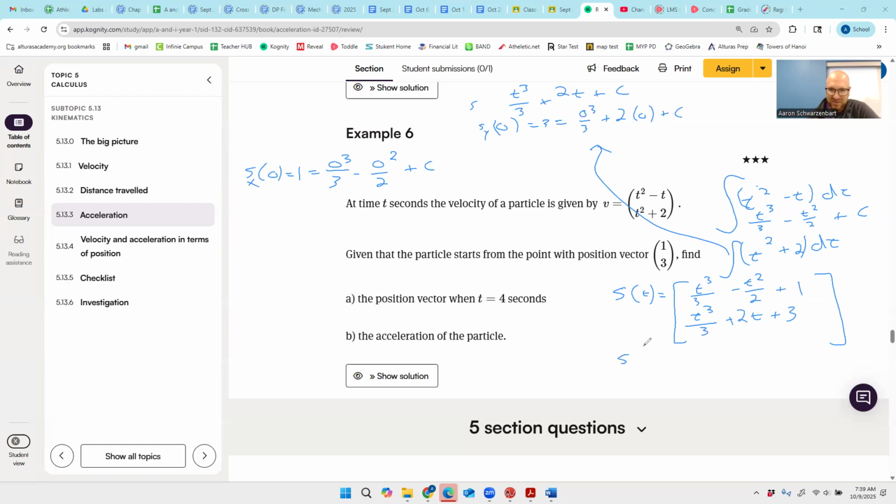If I want s of 4, 4 cubed is 64. And I don't feel like doing the fraction by hand, so I'm just going to use the calculator, because I can.